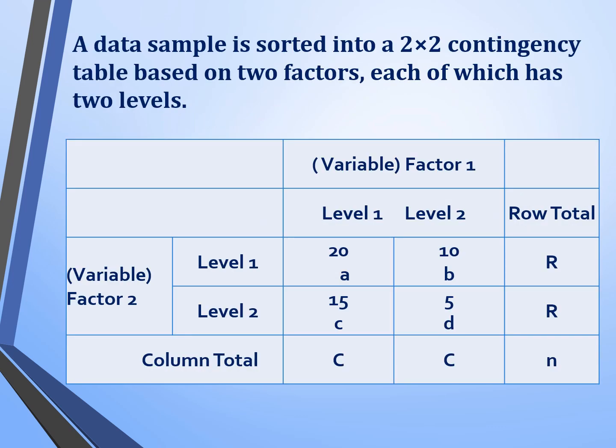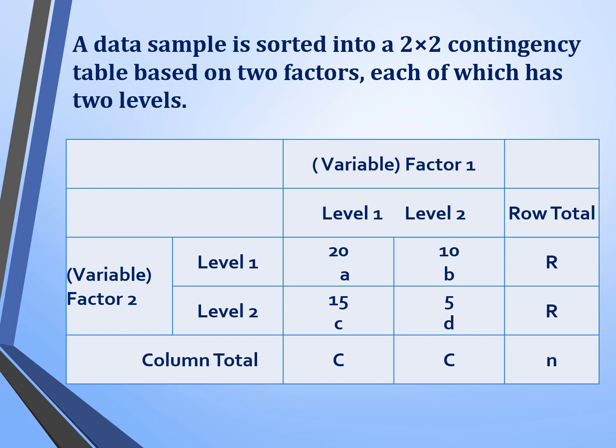This slide shows a data sample sorted into a 2x2 contingency table based on two factors or two variables, each of which has two levels or two categories. So as you can see from this table, there are two variables, each has two levels. Variable 1 could be the disease status, which has two levels, present and absent.